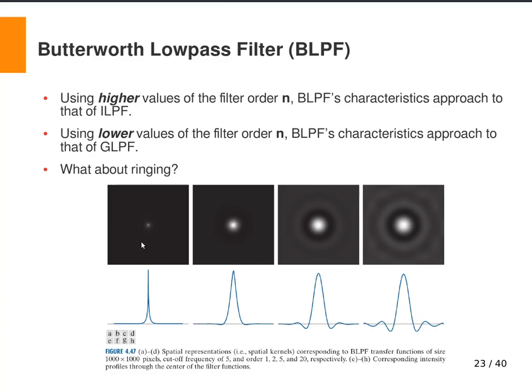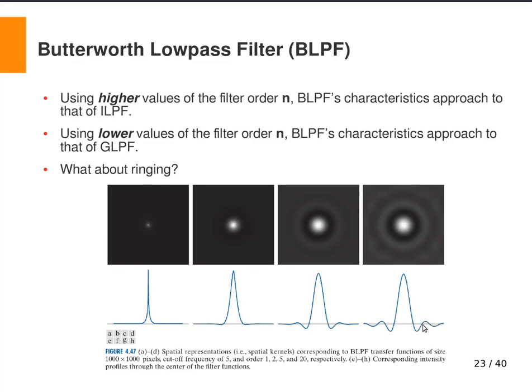For the first one, with cutoff frequency of 5, we have an order of 1, which means we have a wider spread in the frequency domain, which translates to a narrower spread in the spatial domain. If we increase the filter order, for example to 20, that is equivalent to having a narrower spread in the frequency domain, which translates to a wider spread of the function in the spatial domain.